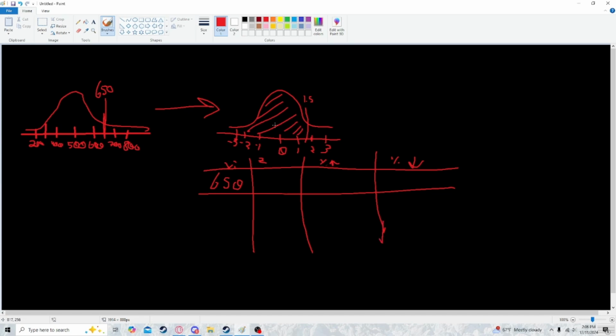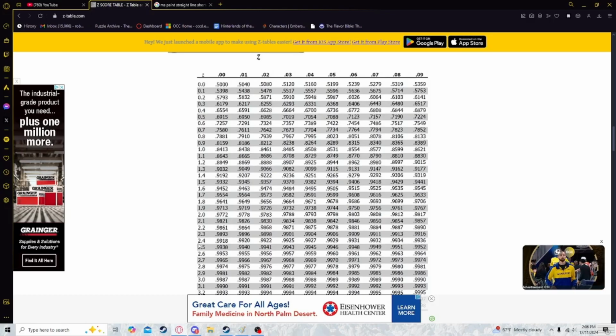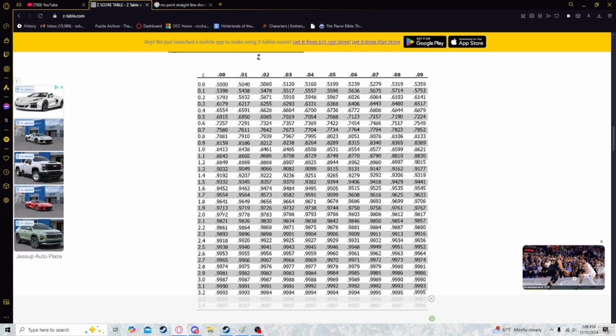So the percentage below, which we found on the table for 1.5 and multiplied by 100, is 93.32%.